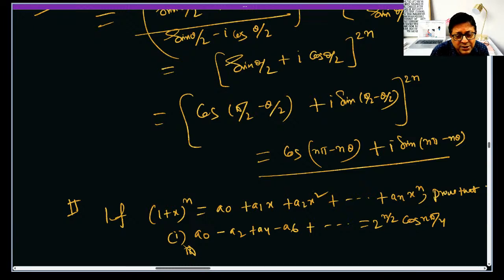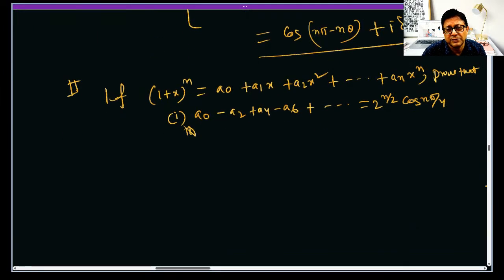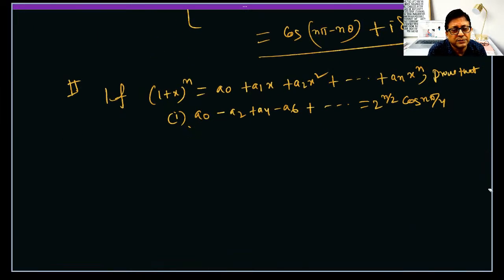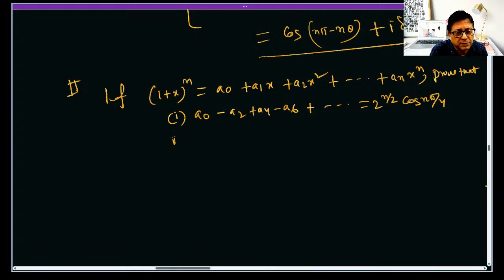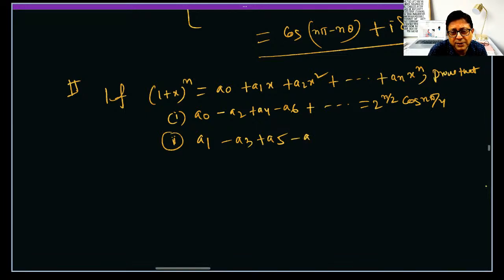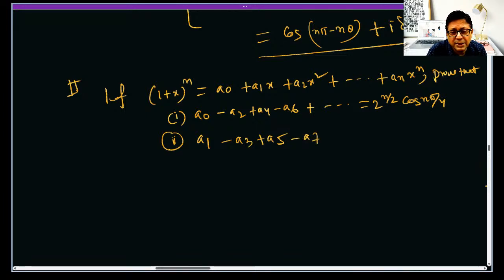and number 2 is a1 minus a3 plus a5 minus a7, and so on, equals 2 to the power n by 2 sin n pi by 4.